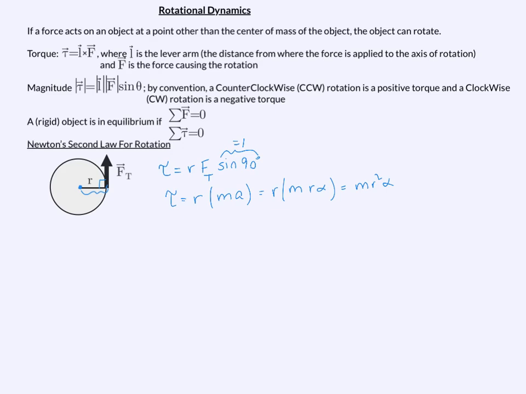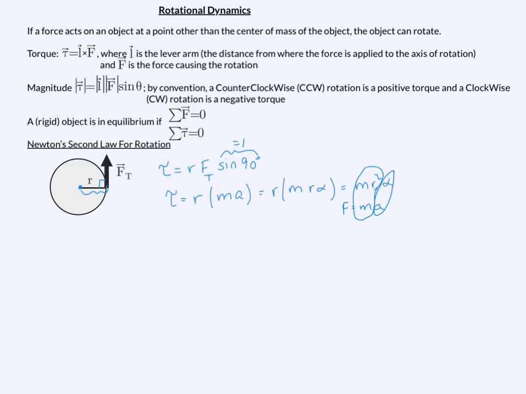And if I compare this to F equals ma, I see that these two quantities stand for the acceleration. One is angular and one is just linear. And these two quantities have to do with the mass of the object. In particular here, it has to do with how the mass of the object is distributed about the axis of rotation.